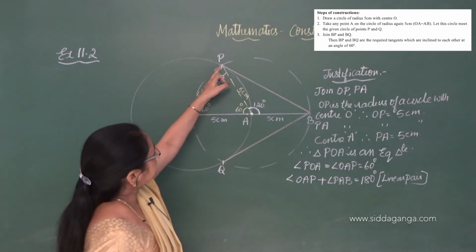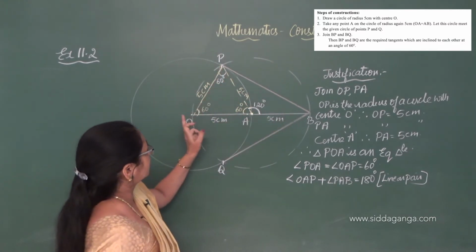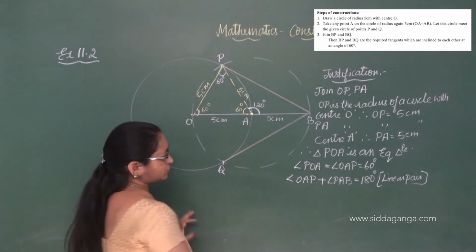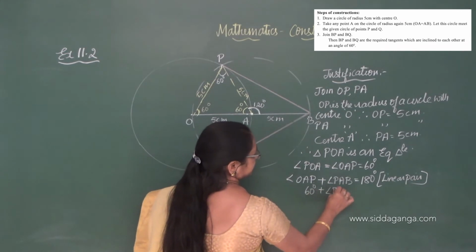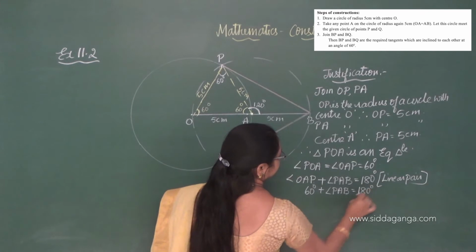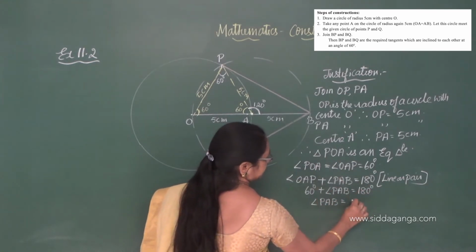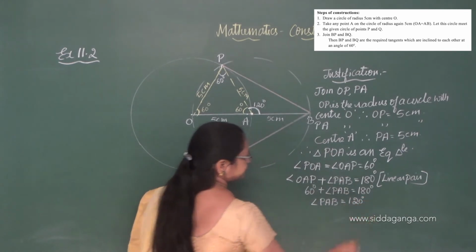So PAB and PAO or OAP are linear pair. Therefore, OAP you all know it is 60 degree plus angle PAB is equal to 180 degree. Therefore, angle PAB is equal to 180 minus 60 is 120 degree.